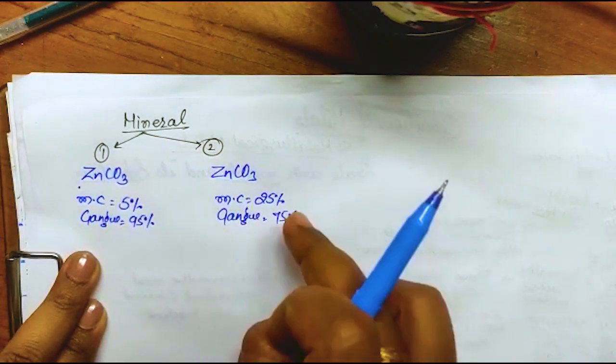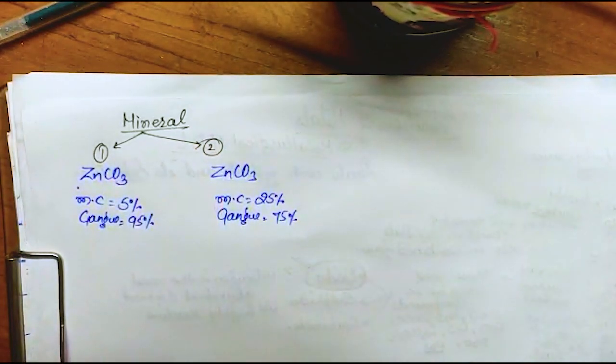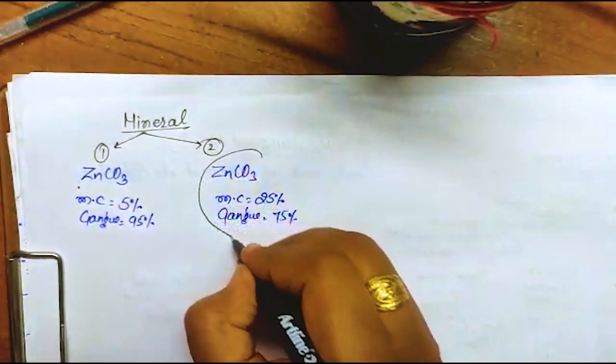Are you getting it? Such minerals which have the least percentage of gangue or impurities are called what?